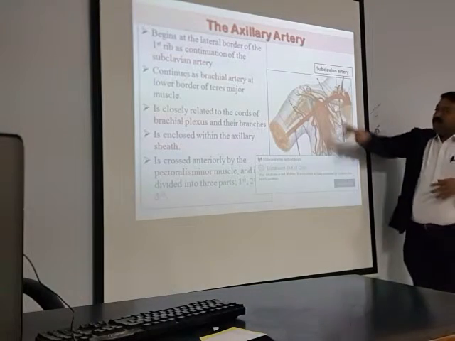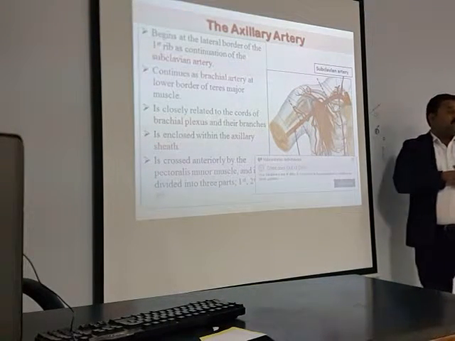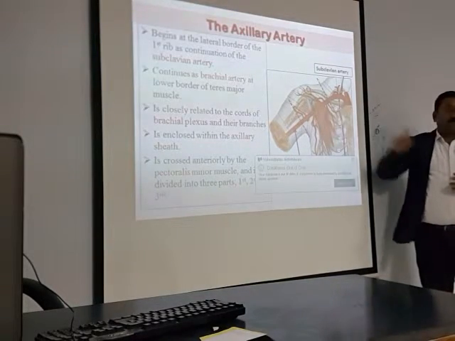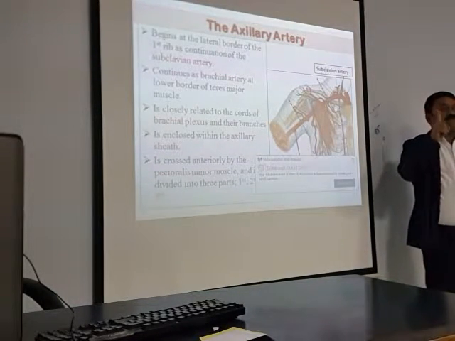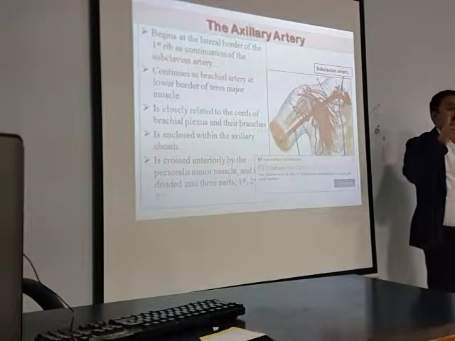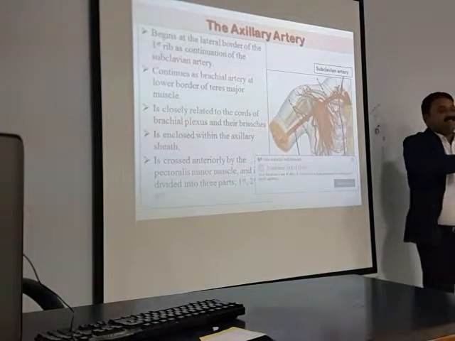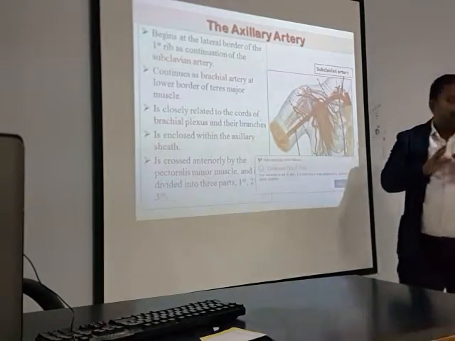So what are the branches from the axillary artery? First part, one branch. Second part, two branches. Third part, three branches. Easy to remember, isn't it?